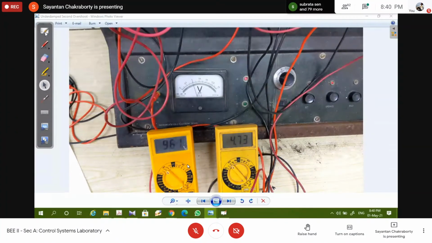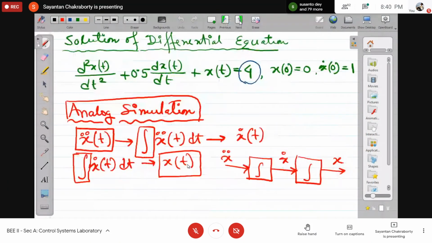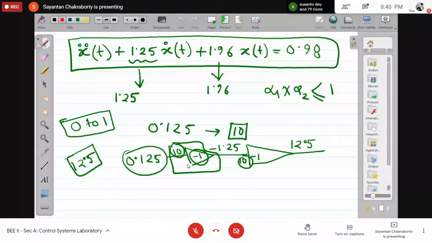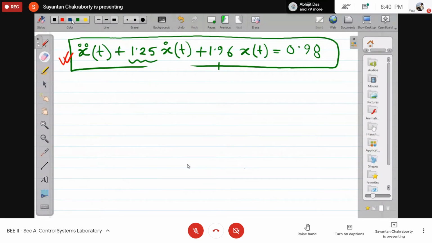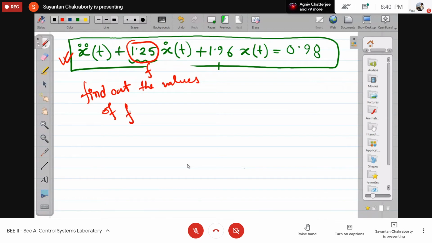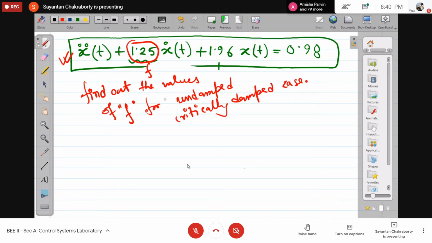What I'll ask you is that, given this equation, you find out the values of, say, this is your f, for the undamped and critically damped case, right?